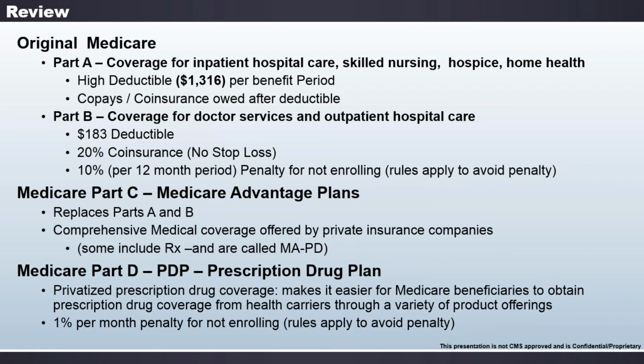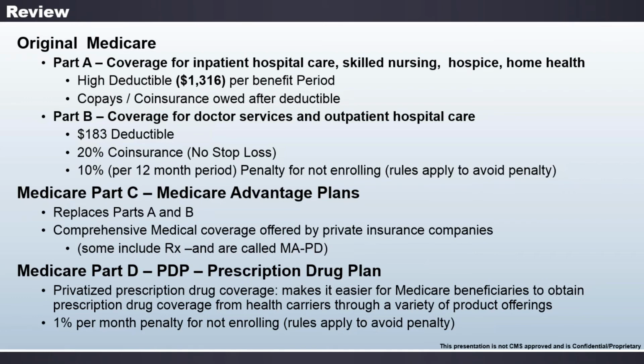And then there's Part B, their coverage for doctor services, outpatient hospital care. They do have a $183 deductible they have to meet on that, as well as 20% co-insurance. And as I said, there's no stop loss on that. Also, you can get a penalty for not enrolling at your initial enrollment period. And with that, there are premiums that they have to pay each month.